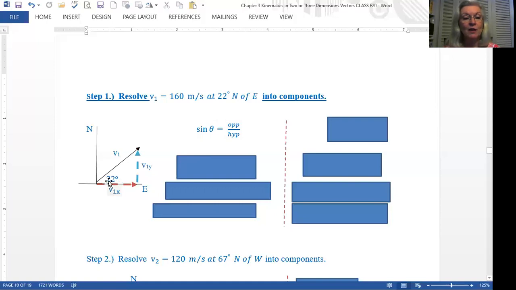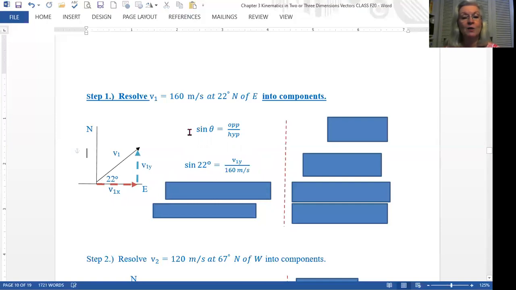Theta is this 22-degree angle. 22 degrees is theta. So if this is theta, the side opposite is v1y. So v sub 1y. Remember, the 1 and the y are subscripts, so they sit below the line and they're a little smaller. So we can plug in, and the hypotenuse is just v1.